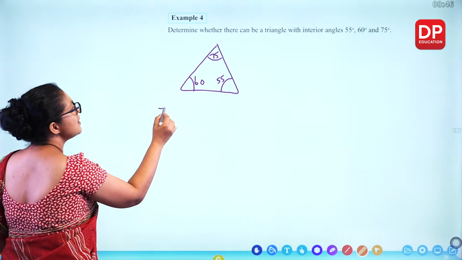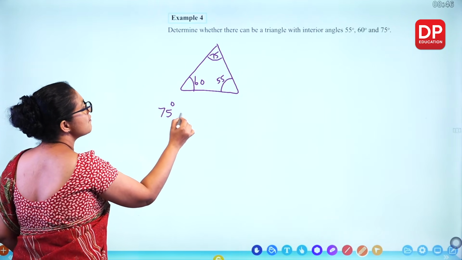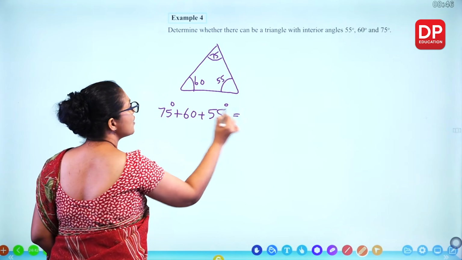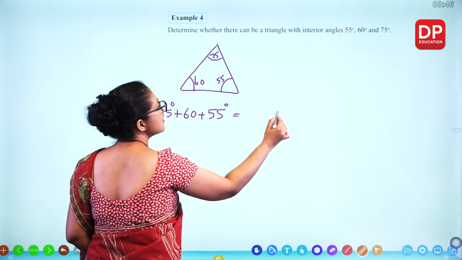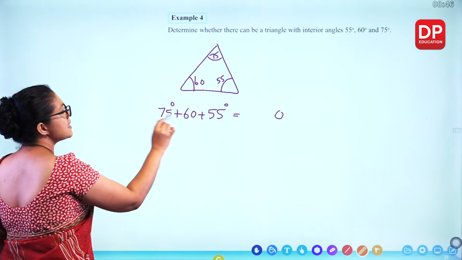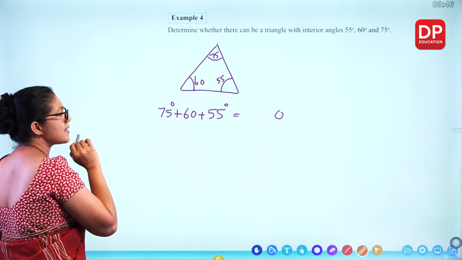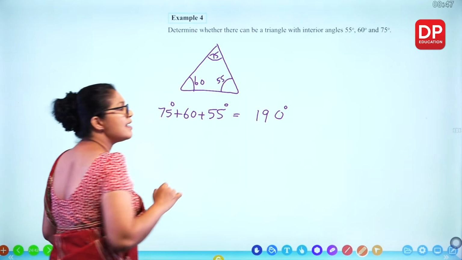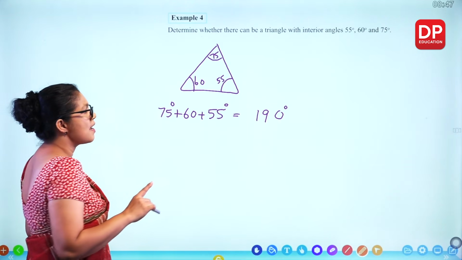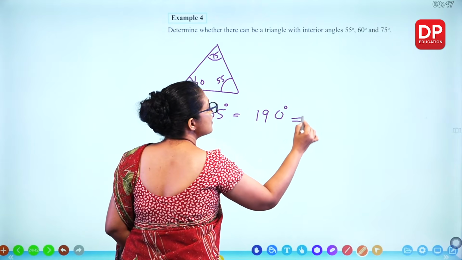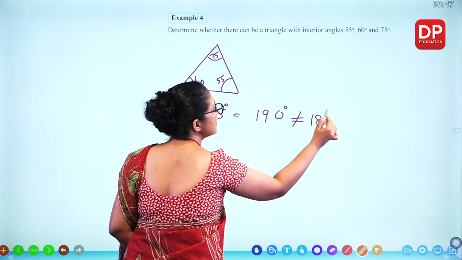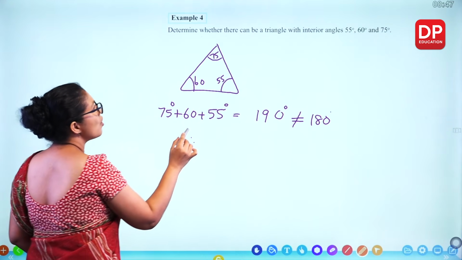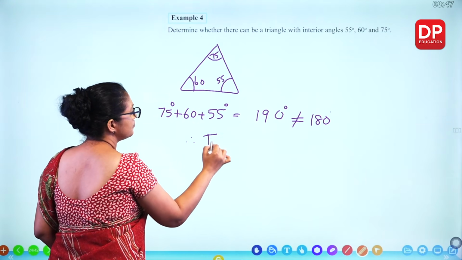So we'll add up these three angles, 75 plus 60 plus 55. What do you get? 5, 5, 10, 1 remaining, 8, 6, 14, 14 plus 5, 19. So 190 degrees. So this is not equal to 180. So that means we can't draw, there is no triangle.